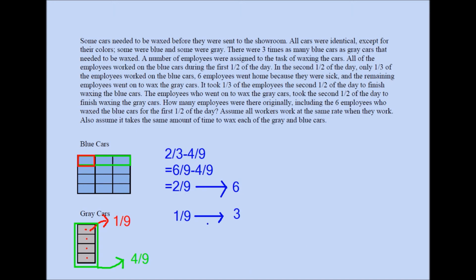If 1/9 of all the employees is 3, all the employees must be 9 times 3. So 1 whole, that's all the employees, must represent 27 employees. That's my answer. There were 27 workers, and of course 6 of them went home. So my answer is 27.